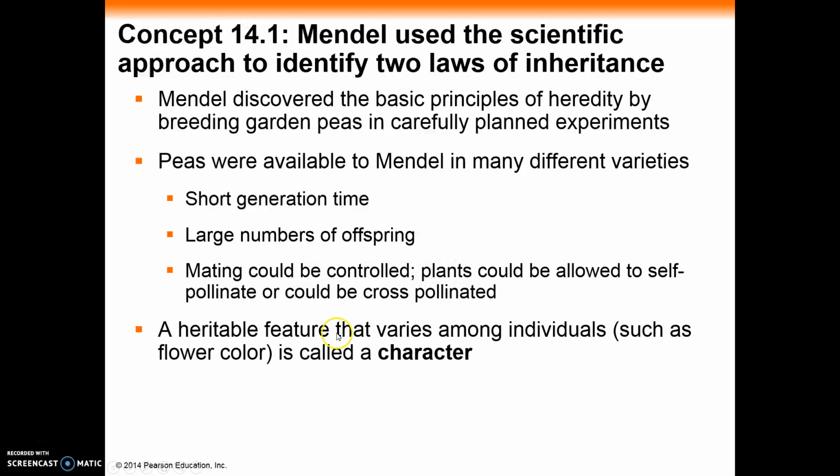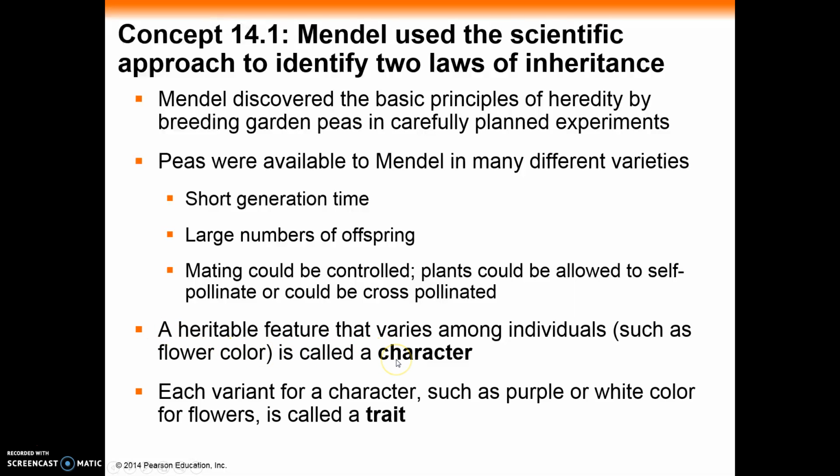Now, a couple of definitions here. A heritable feature that varies among individuals is called a character. So an example of a character would be the color of a flower, right? Another thing to think about is each variant for this character can be called a trait.